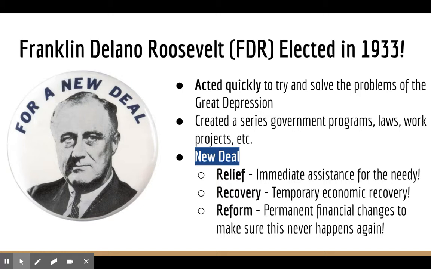So ladies and gentlemen, FDR is going to try everything. How is he affording this, by the way? It's called deficit spending. Some people support this, some people don't. The government's actually going into debt. The government is spending money on programs and projects to help the American people. Deficit spending means you're using money that you don't technically have.